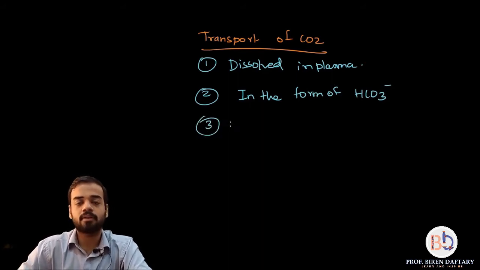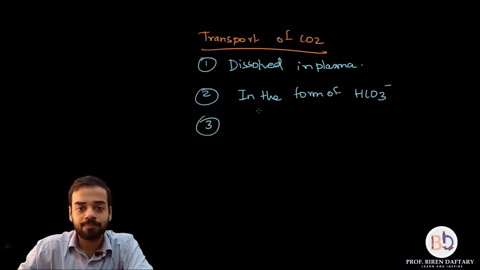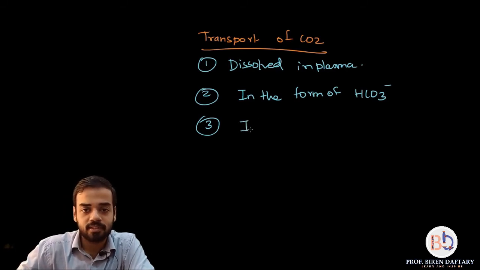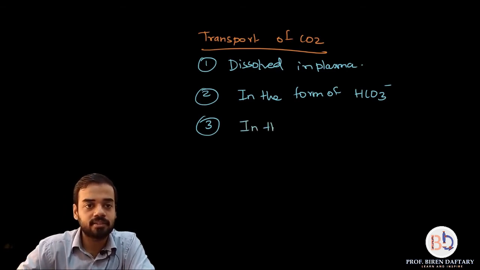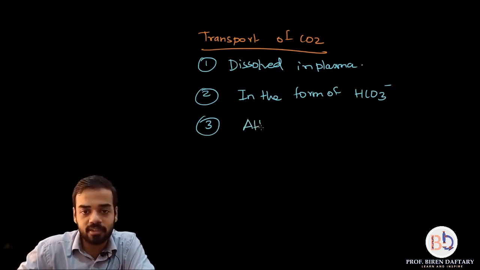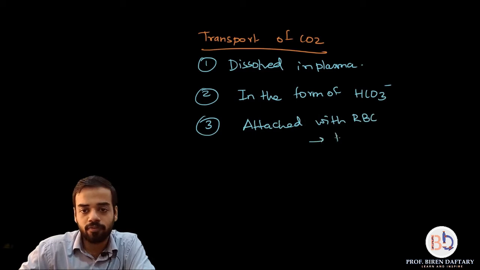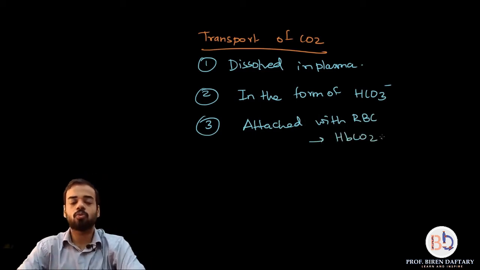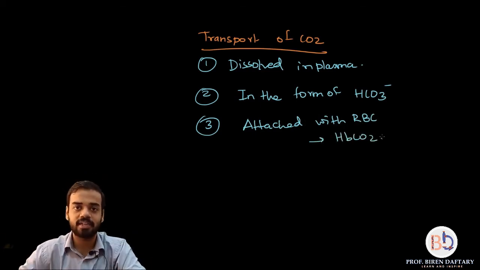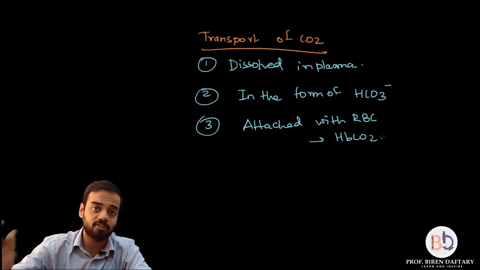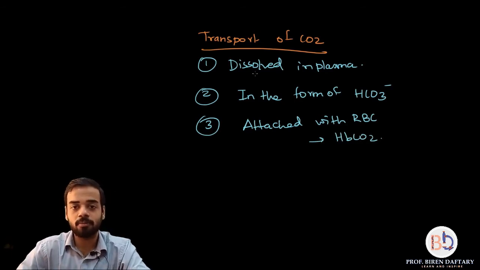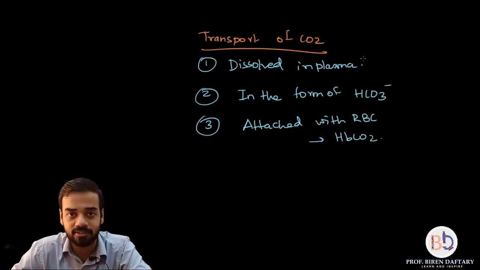And third is carbon dioxide attached with RBC in the form of HbCO2. Okay, so there are three ways in which carbon dioxide can be taken from the cell and transported to the lungs. The most important of these three is the second one, in the form of bicarbonate ions.